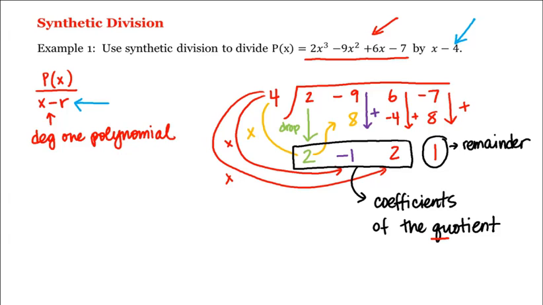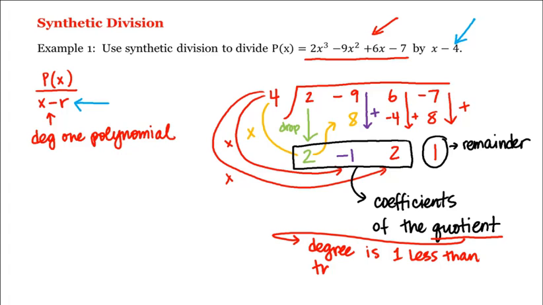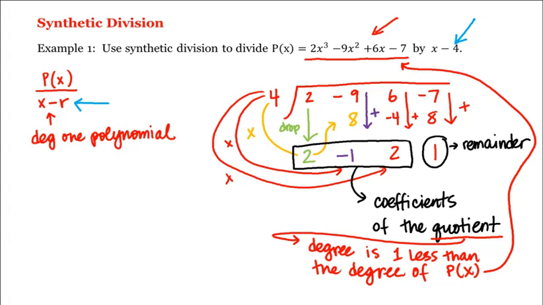And moreover, the degree of this quotient is 1 less than the degree of our dividend p of x. And this is because our divisor, x minus r, is a degree 1 polynomial. And since our dividend here, p of x, is a degree 3 polynomial, then our quotient will be a degree 2 polynomial.